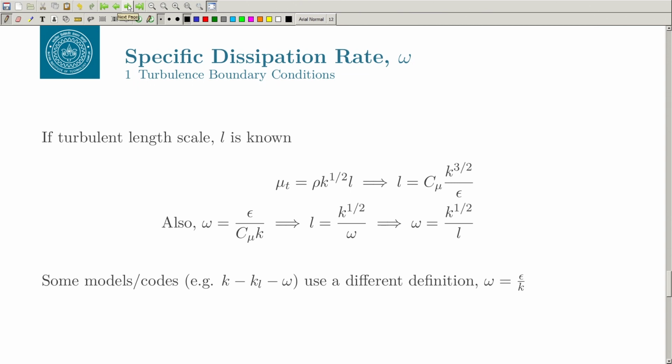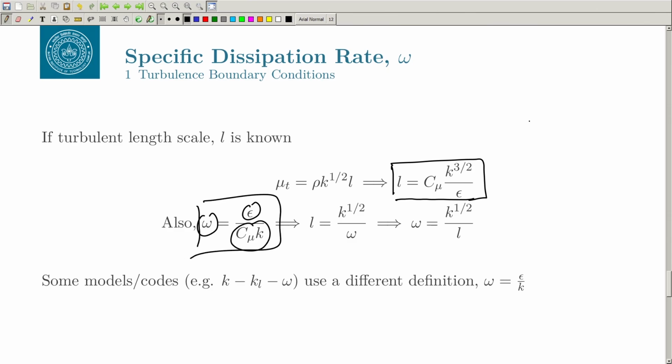If the length scale is known, we will be using this relation. This is coming from the k epsilon model, but this epsilon is related to k by the relation omega equal to epsilon by c mu k. Okay, and you can easily get this, because if you have mu t, or let us call it nu t, it is equal to c mu k squared by epsilon, which is equal to c mu k by omega.